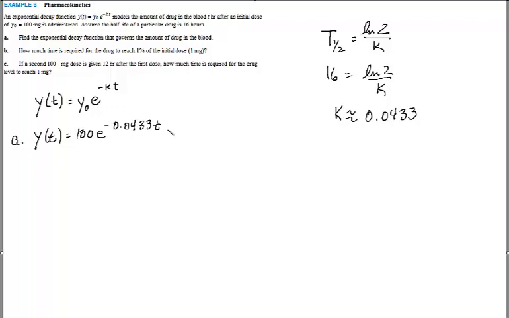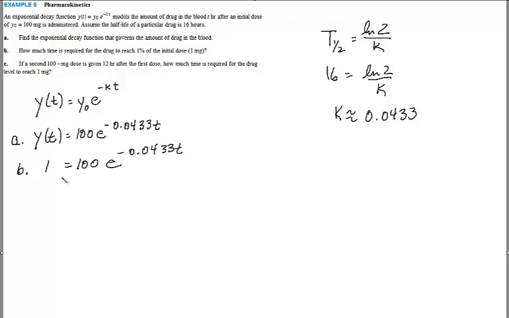How much time is required for it to reach 1% of the initial dose? So for B, I'm going to have 1% left. That means that what I'll have left is a 1 over here. So for B, I'll have 1 equals 100 e to the minus 0.0433 t.